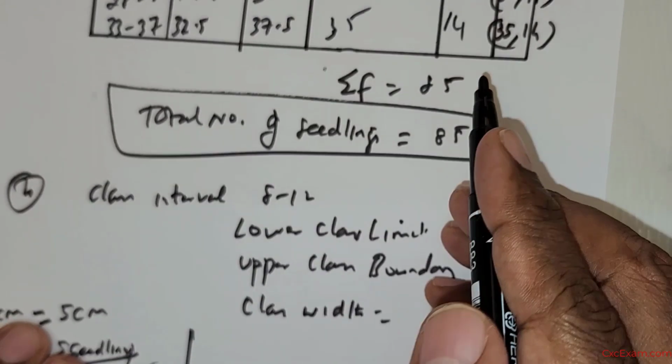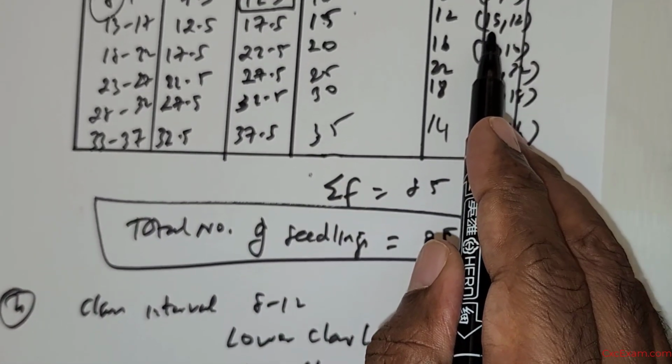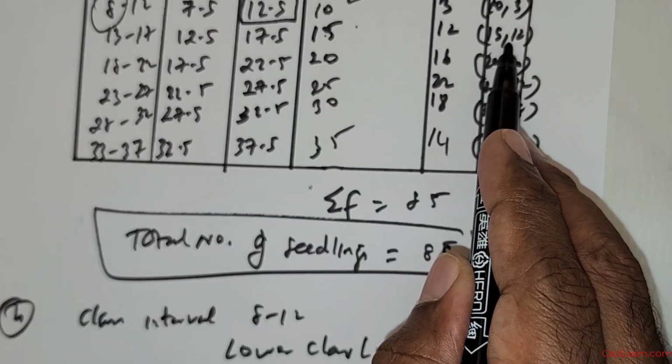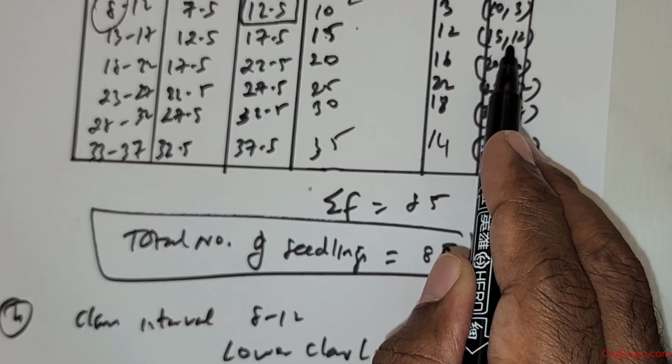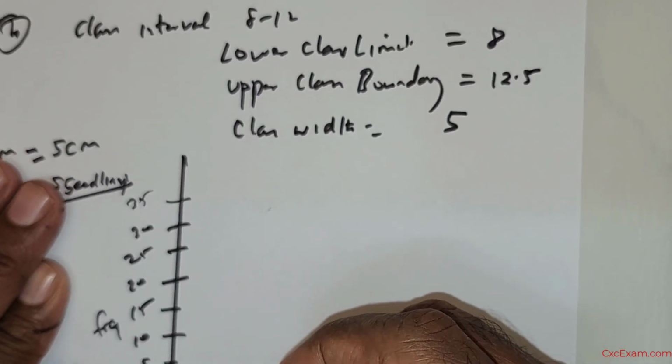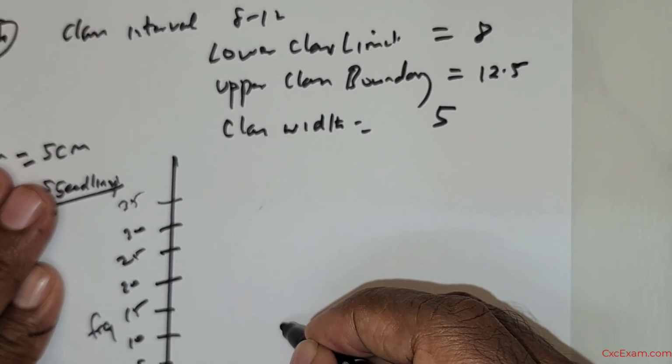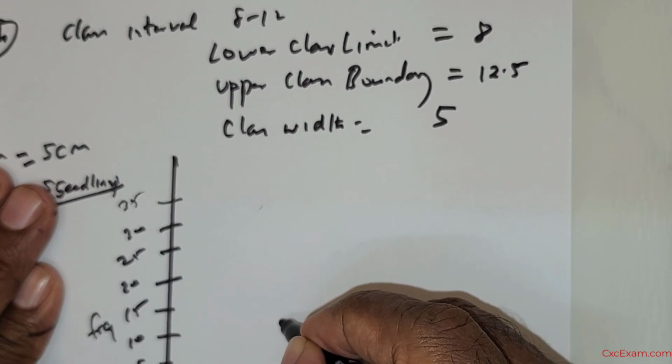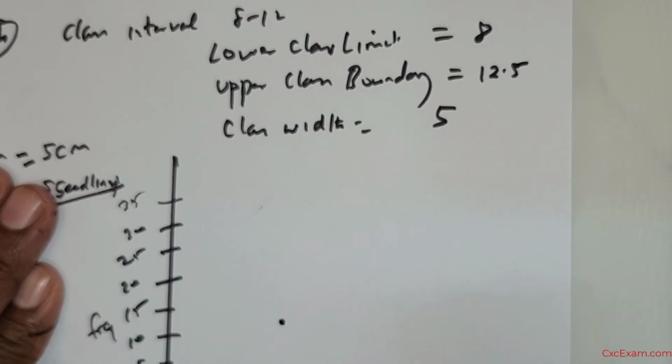Okay, and then 15 centimeter, how many seedlings are there? 15 centimeter, you have 12. So at 15 centimeter, the graph is rising here. So this is going to be over here.